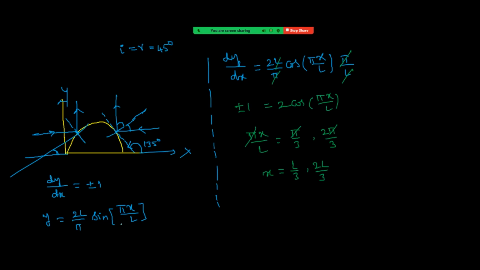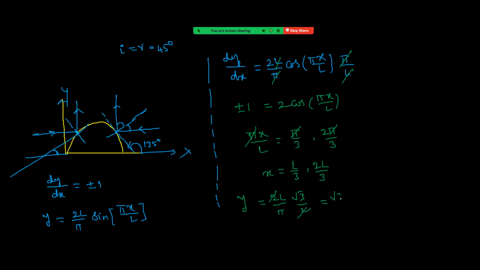Okay. And if you want the y coordinate, you can see y equal to taking sine 60 or sine 120. Both are the same, right? It is 2L by pi sine 60 or sine 120. It is root 3 by 2. So 2 gets cancelled.